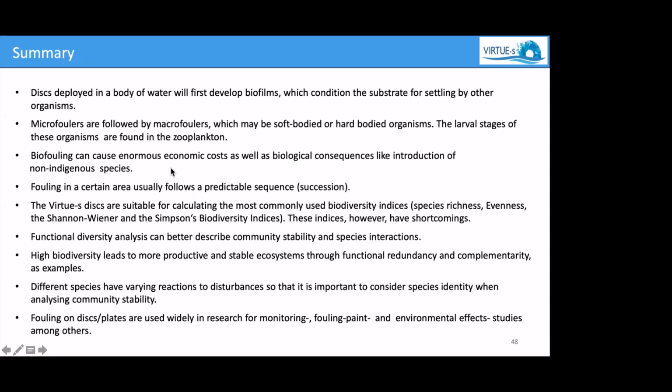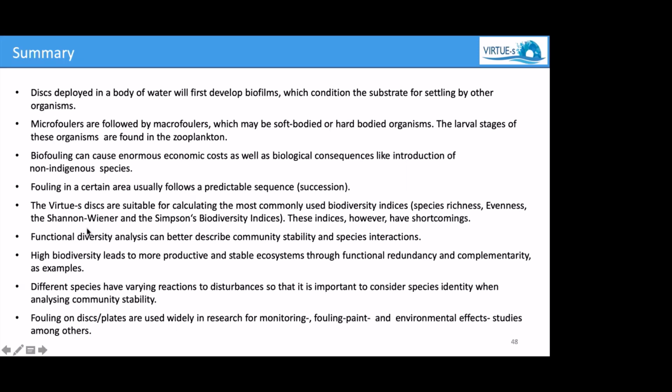Biofouling can cause economic costs as well as biological consequences, like the introduction of non-indigenous species. Usually the fouling of a disc or of a substrate in a certain area follows a predictable sequence, especially in the microfouling, the early stage, and that is called succession.